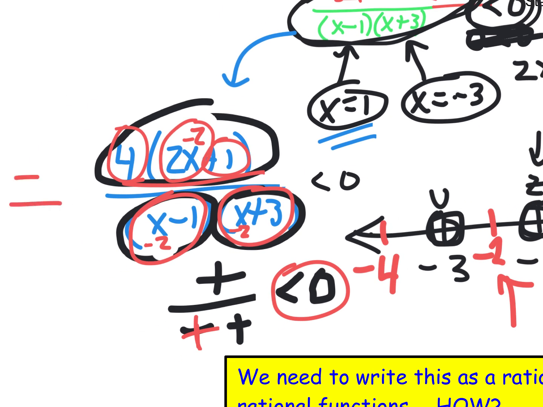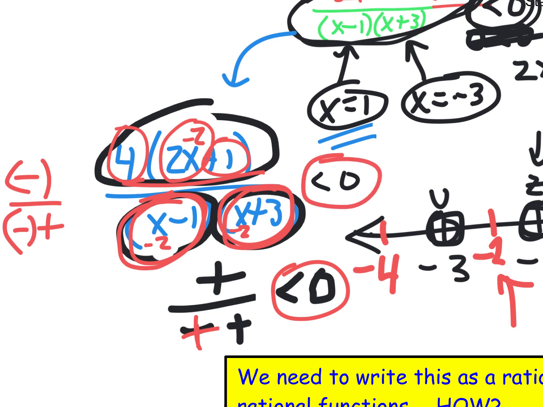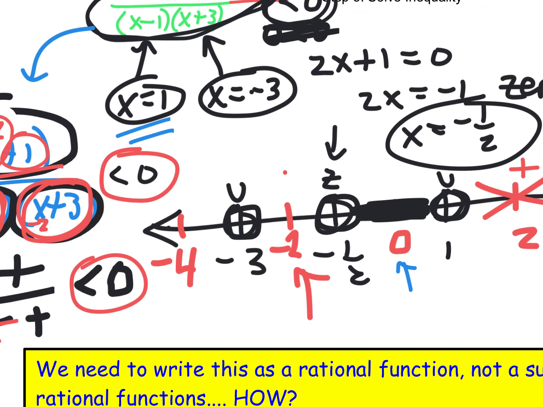Negative over, that comes out negative, -3 to be exact. And this comes out positive. So that's going to give us 2 negatives and 1 positive, and that turns into positive. And positives are not less than 0. So I stuck in -2, and it came out positive. And that's not what I want.